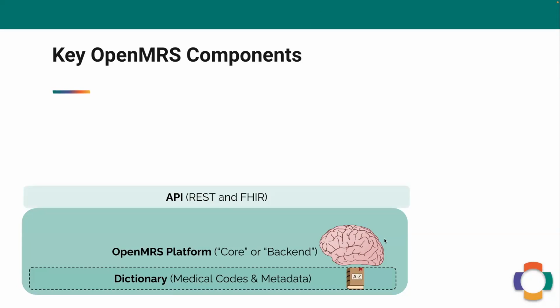You'd also need an API. We need a way to query the brain and to ask the brain, hey, what do you already know about this patient? And that's what we use our APIs for. We have a very robust documented REST API, which most O3 developers use very heavily. But we recommend that folks increasingly use the FHIR API.